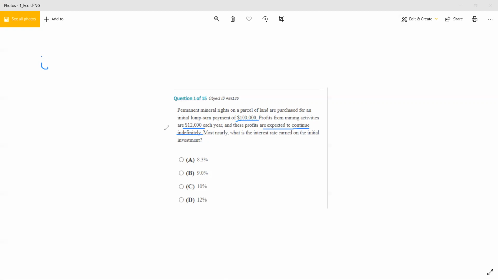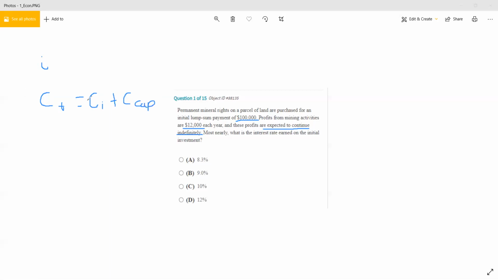All right. Can any of you tell me what equation I might need to solve this? I am currently looking at the FE handbook. Typically, whenever you see that it's an infinite series, you can use the capitalized cost formula. I'm going to call it CT equals CI plus C cap.